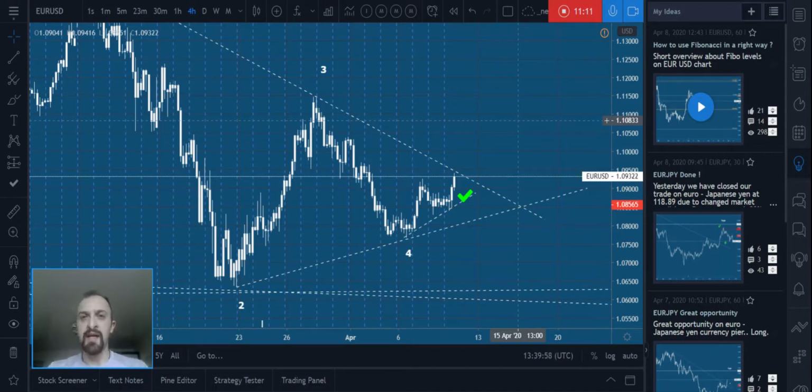You need to mix analysis, you need to use Fibonacci, you need to use trend lines, you need to use a lot of stuff, and the mix of this information which you get during your analysis will give you very, very correct decisions for trading.